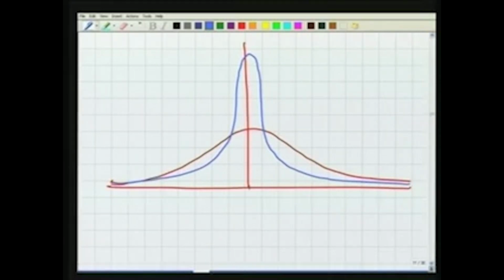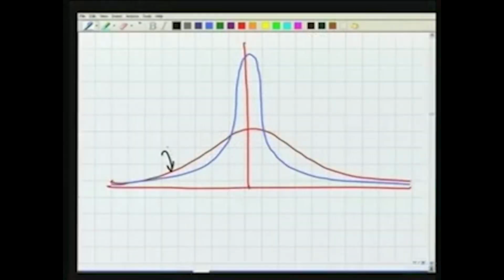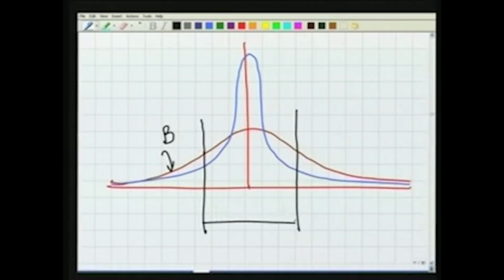Now, what is the meaning of this? For B, the point of inflection is somewhere here, and that is the value of the standard deviation, which we have already computed.